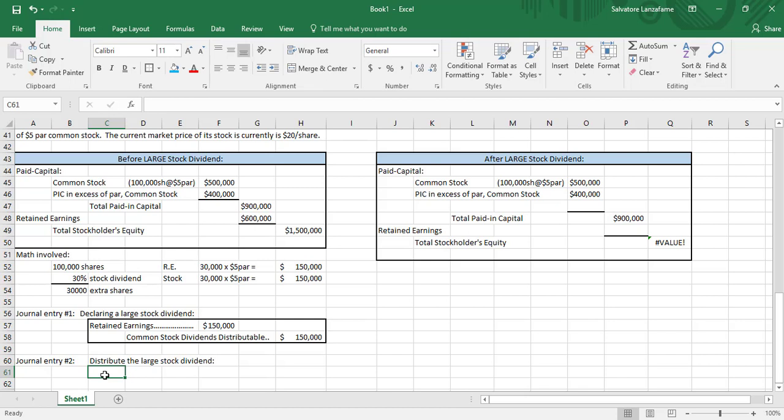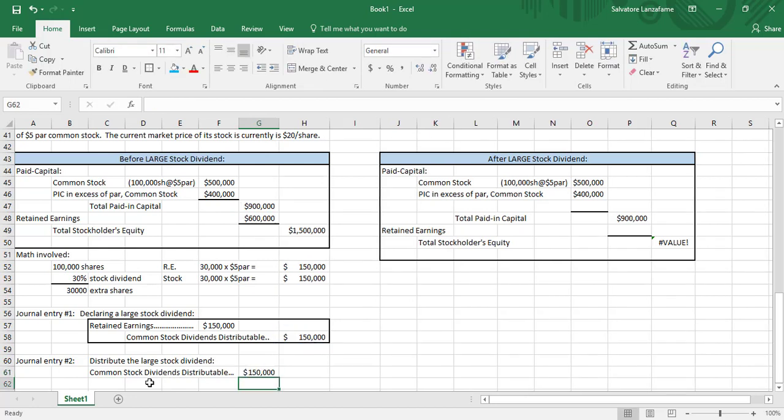Well, you get rid of the bull. So debit your common stock dividends distributable for that 150,000. And guess what you're going to credit? What are we actually giving them? A large stock dividend. So we're going to credit common stock.